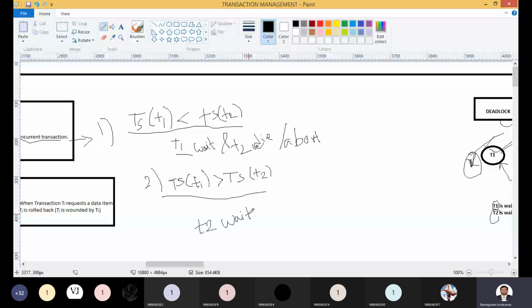That is called the wait-die technique, and it is done using timestamps. If the timestamp of T1 is less than that of T2, then T1 waits and T2 dies or aborts. Otherwise, T2 will wait and T1 is going to die.